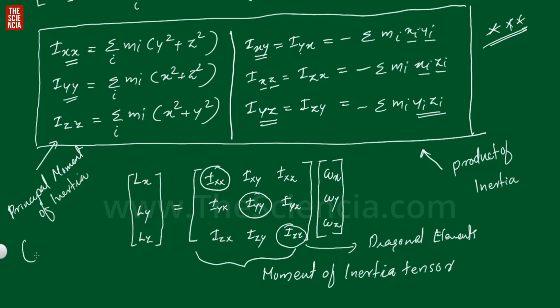But there is a condition: it is called principal moment of inertia when the product of inertia is equal to 0.